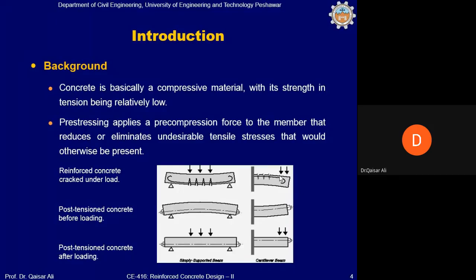Once reinforcing bars are placed at those locations, the reinforcing bar will be perfectly bonded with concrete. This is a basic assumption in the mechanics of reinforced concrete, that reinforcing steel and concrete are perfectly bonded.